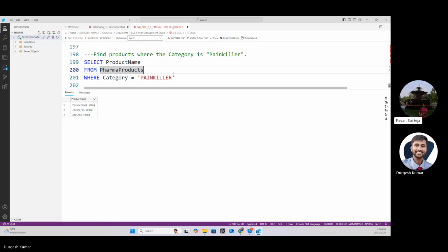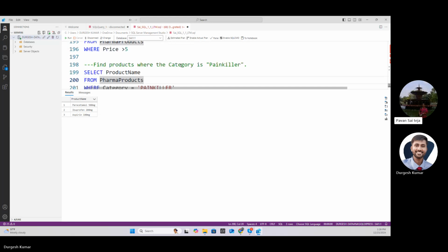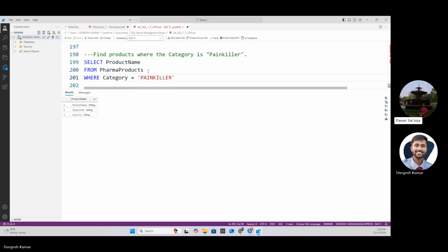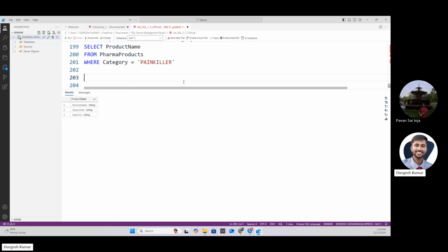There might be different records in a particular table, like capital P painkiller, camel casing in one, and all caps in another. Then what will you take?